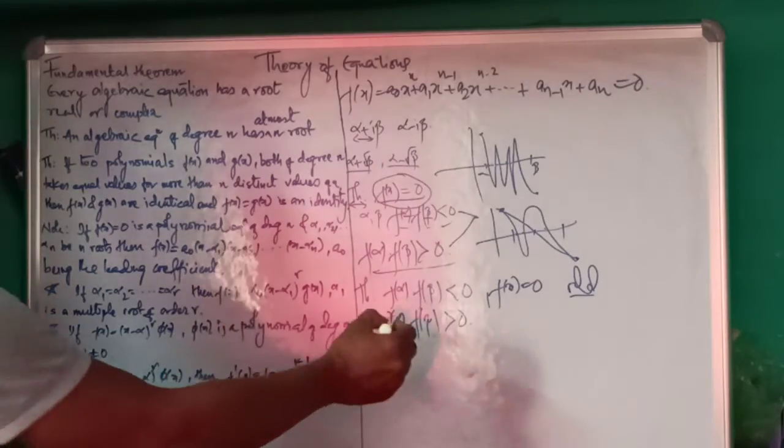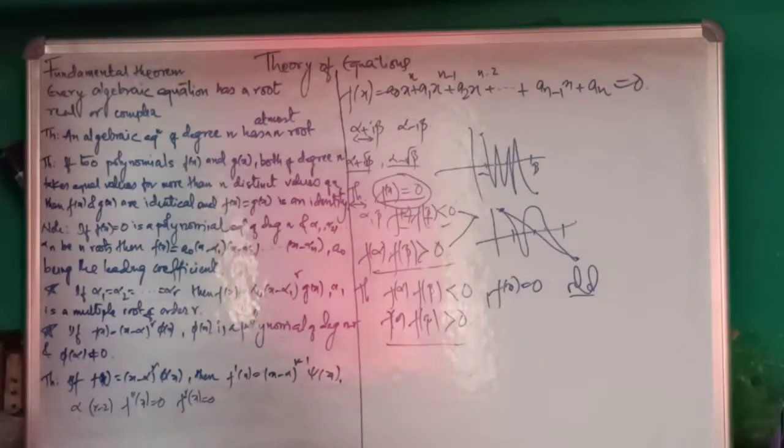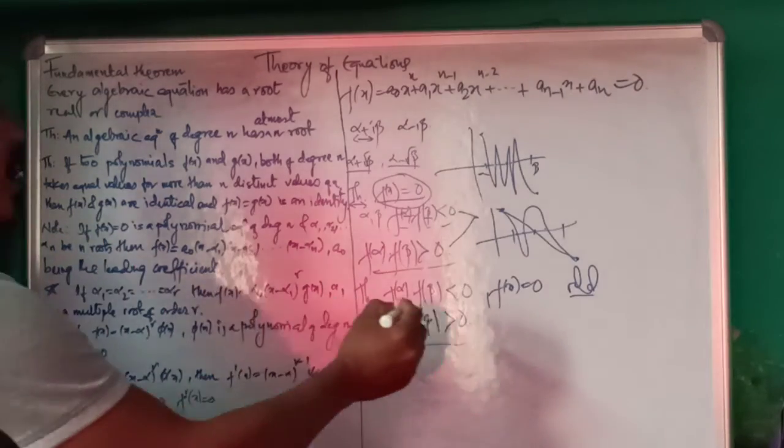So in this case also, f of x equals 0 has either no real root or an even number of real roots between alpha and beta. Just simply say, even number of roots.